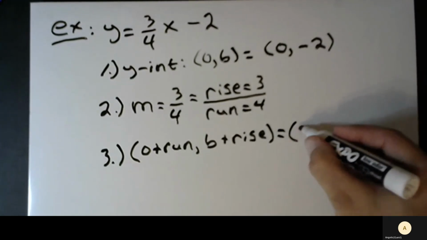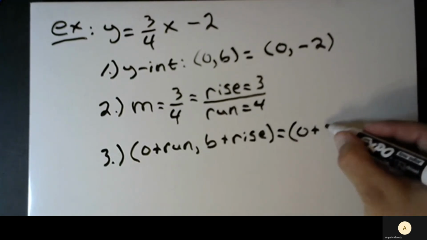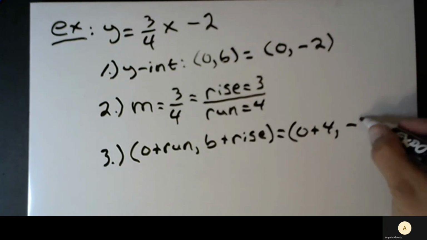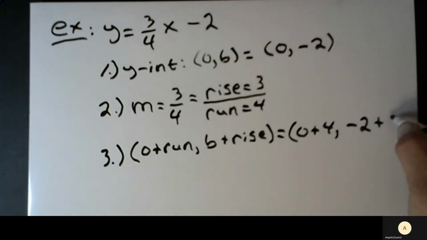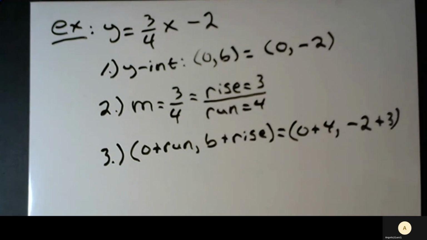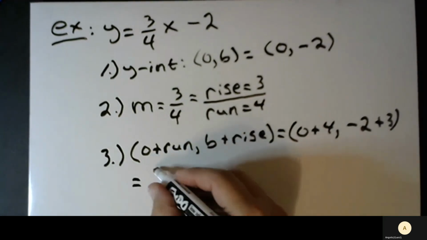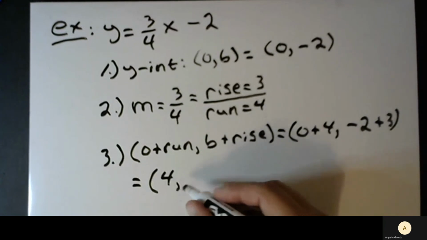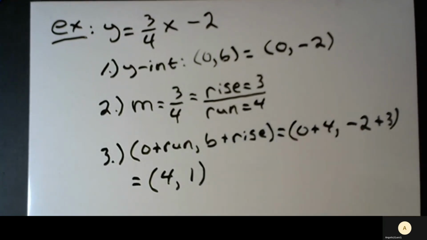And that's going to be 0 plus 4, negative 2 plus 3, or 4, comma, 1.